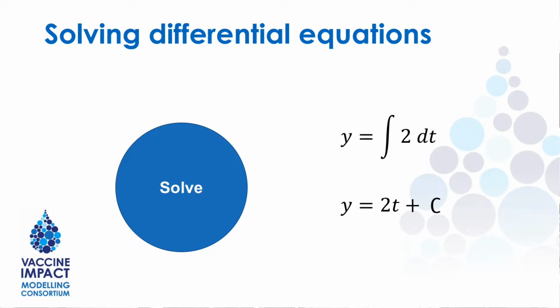So we've got y is the indefinite integral of 2 dt. So we're integrating with respect to t. That's all this term is saying. And when we integrate a constant, we get our linear equation, so 2t plus our constant of integration. Since it's an indefinite integral, we include our constant of integration.